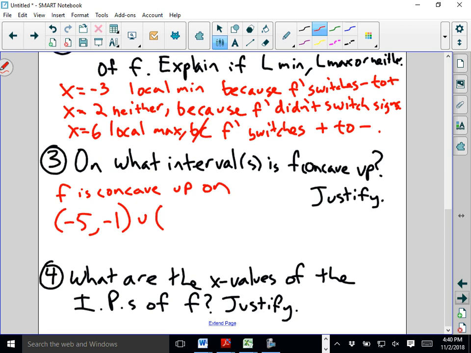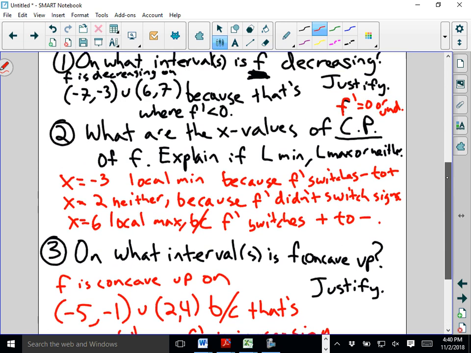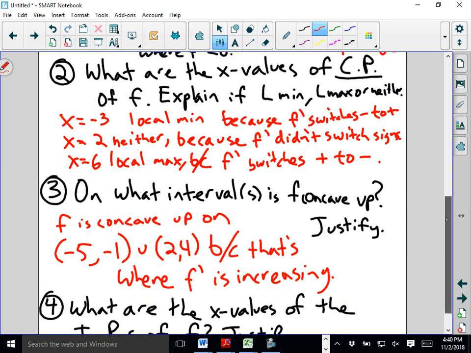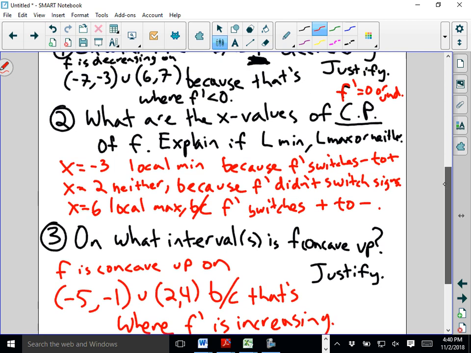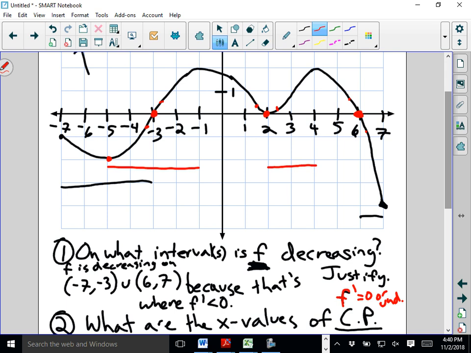My justification is because that's where f prime is increasing. If I asked about concave down, I would have reported from -7 to -5, union -1 to 2, union 4 to 7, because that's where f prime is decreasing.